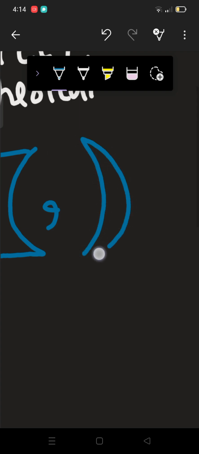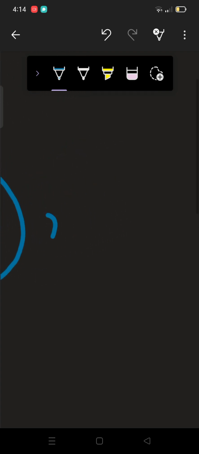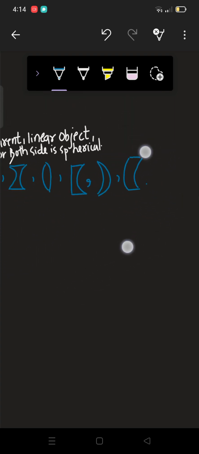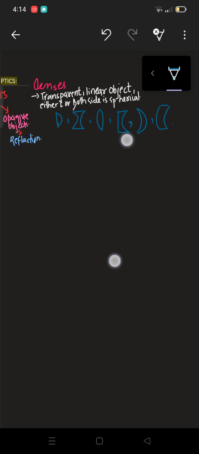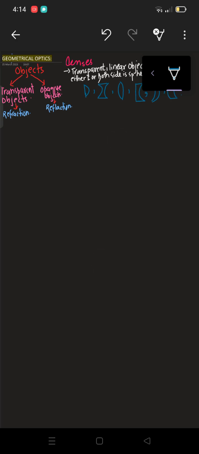Third, both are spherical, this is a lens. This is plane, but here it is curved, so this is a lens. Again this one, both are curved, this is a lens. Then these both are curved, and this is a lens as well. The condition is that either one side should be curved or both sides should be curved; these are known as lenses.